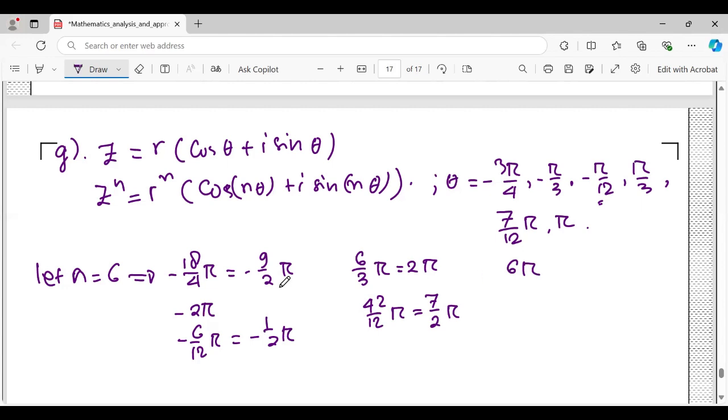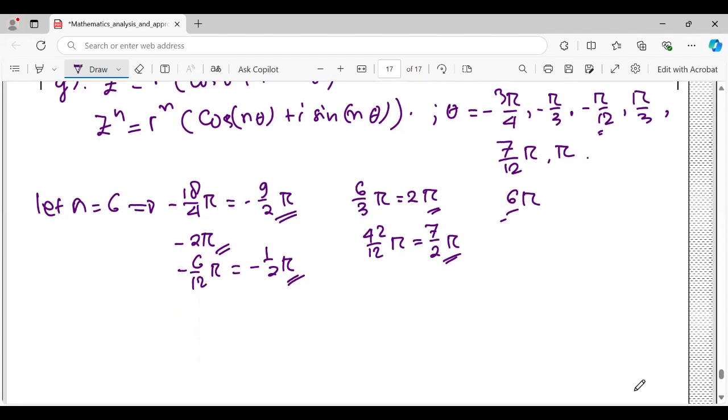So look, some of these numbers are fractions. These numbers are not multiples of 2 pi. So how about if n equals 6 plus 6, 12? Check if 12.